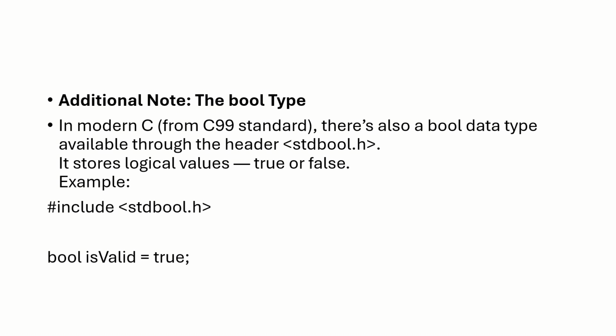One additional data type, the bool type. In modern C, there is also a bool data type available through the header stdbool.h. It stores logical values true or false. For example, #include <stdbool.h>, bool isValid = true.